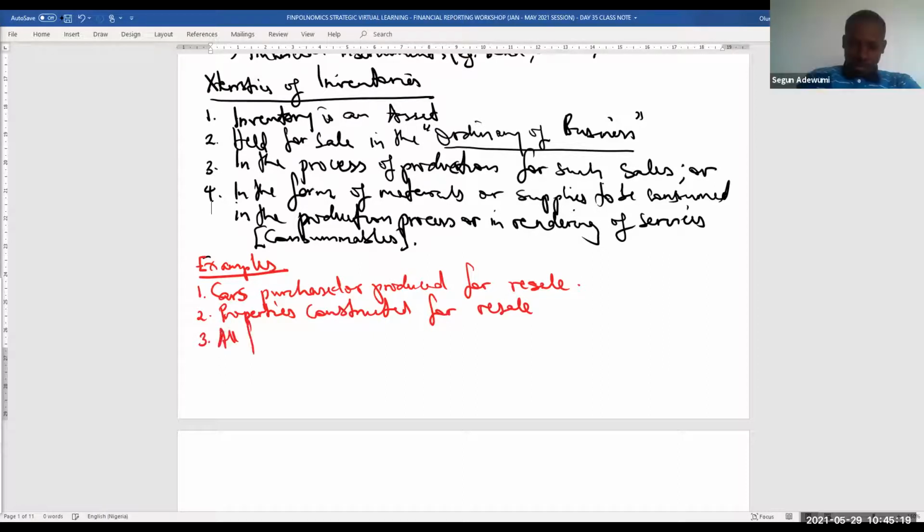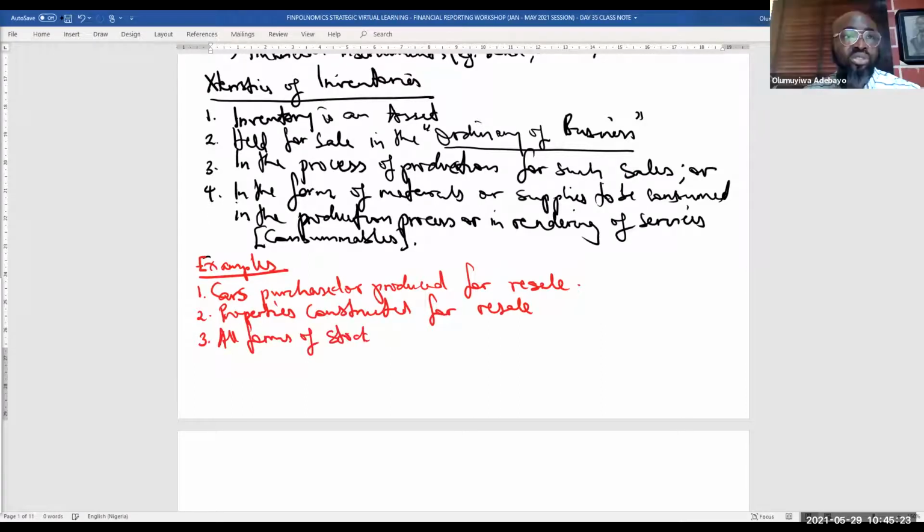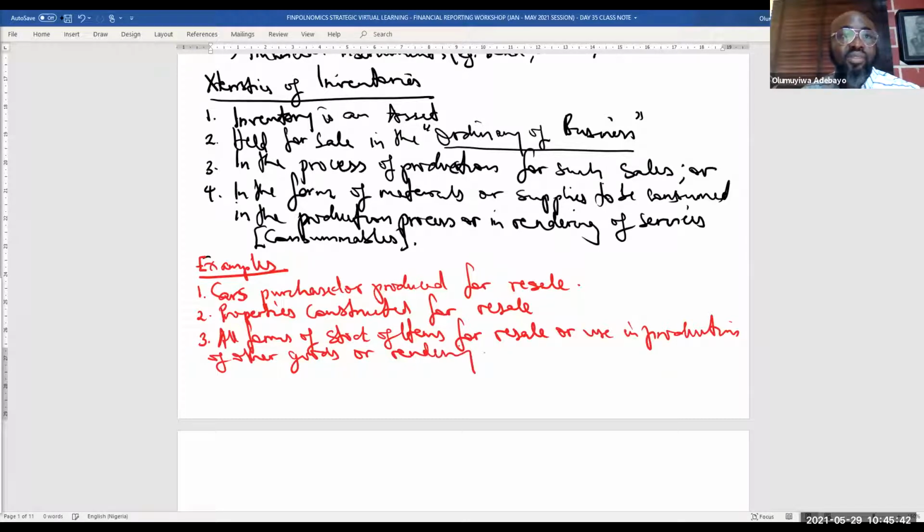Okay. All forms of stock of items for what? Resale or use in production of other goods or rendering of services. Again, I think Anne wanted to make comments.